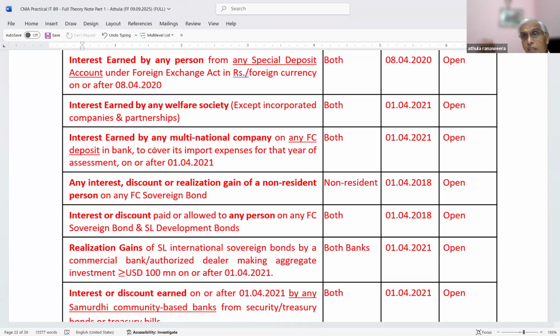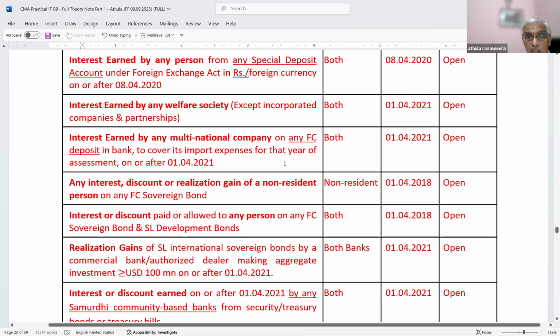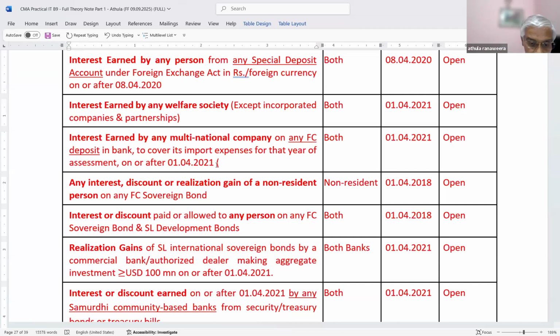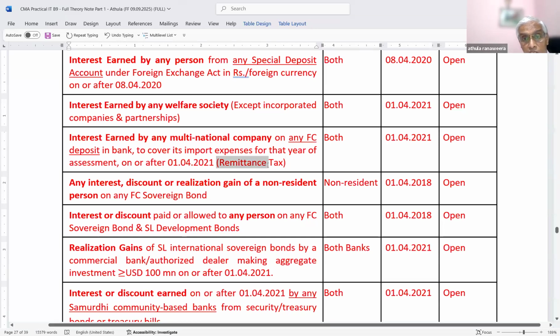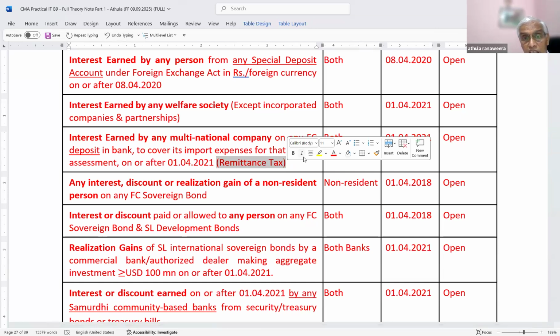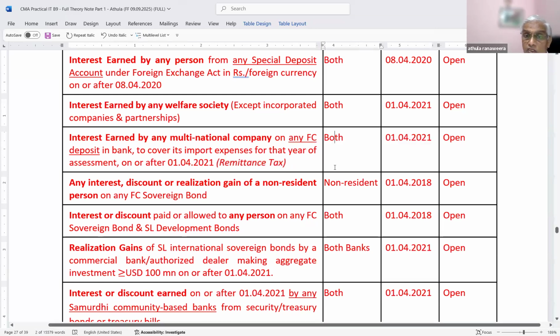Now, if they keep that money in Sri Lanka in a bank, fixed in a foreign currency deposit account, they can utilize that money for future imports, no problem. Then the remittance tax is not there. This benefit is on remittance tax, right? Then they can enjoy that.